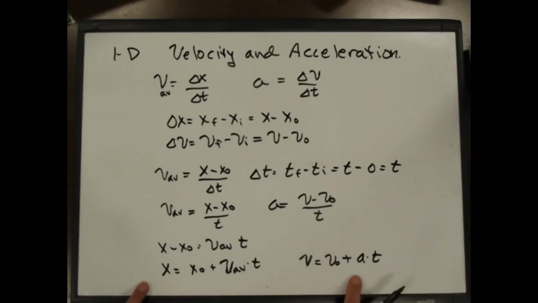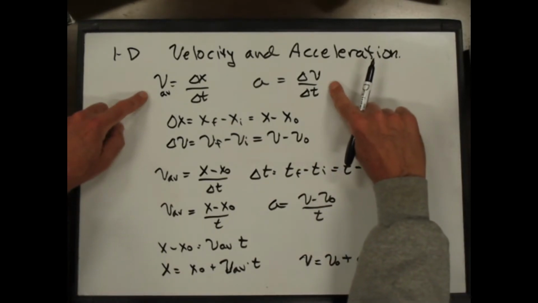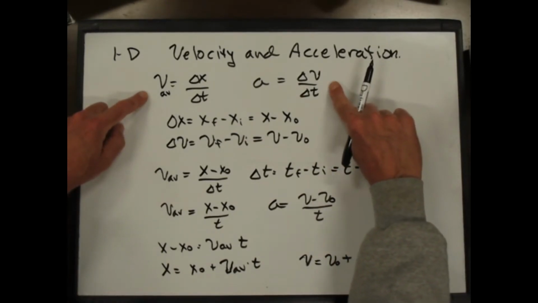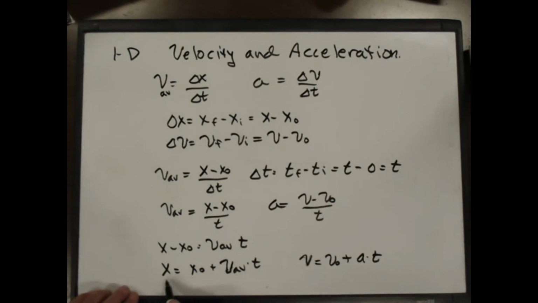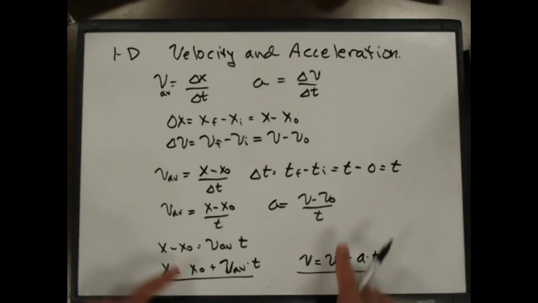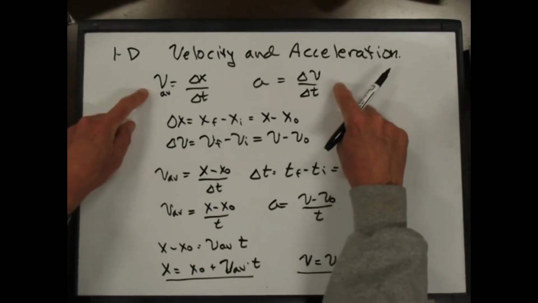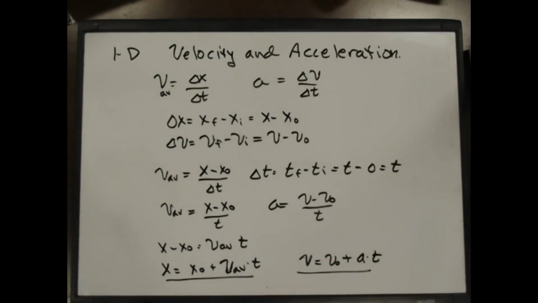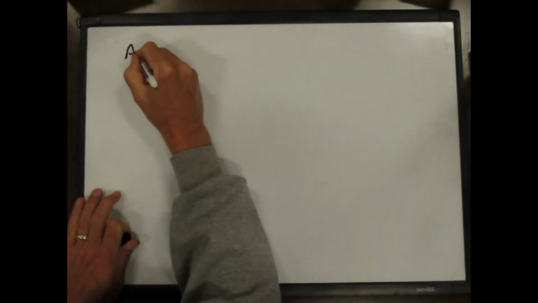These two equations carry the same information that these two equations do. They've just been rearranged. When we write these equations down, we'll usually be talking about them this way, but they're just an algebraic rearrangement of this way. So we can use those equations to solve a problem like this one.